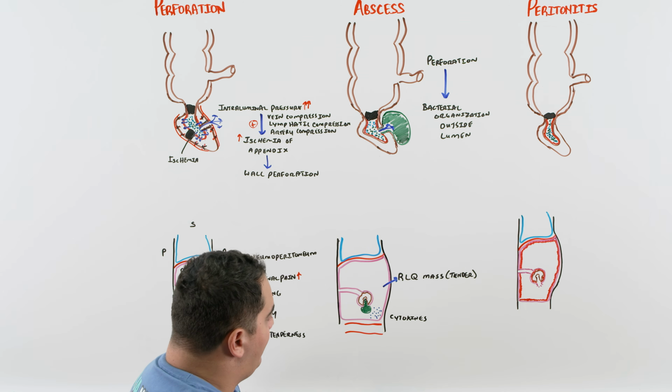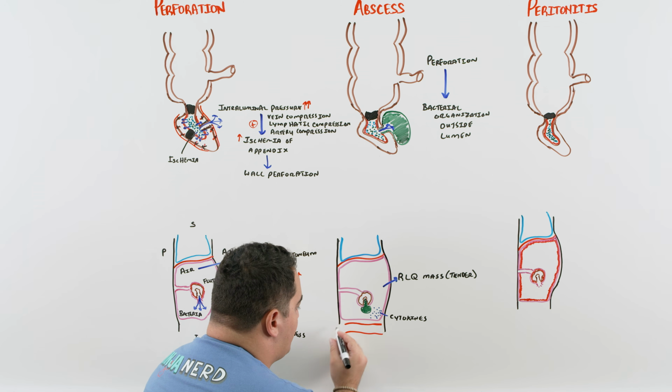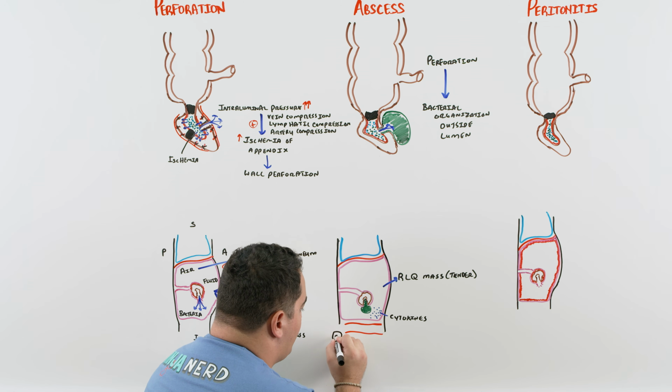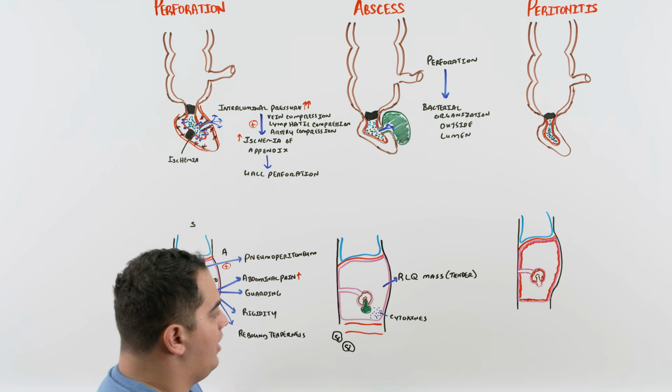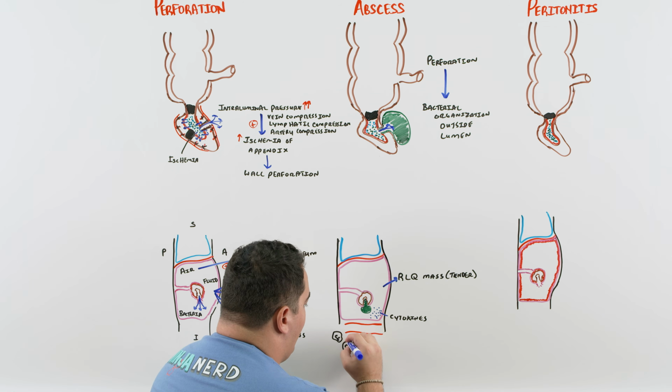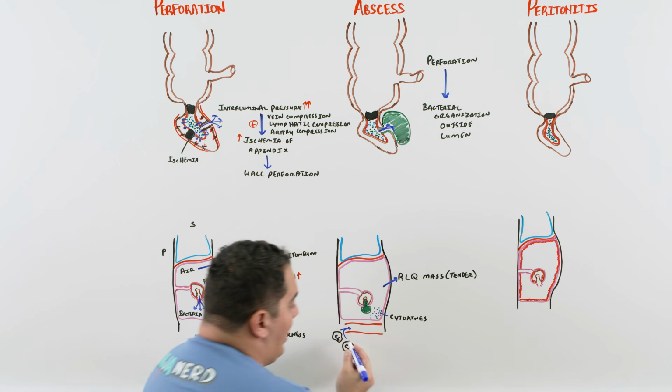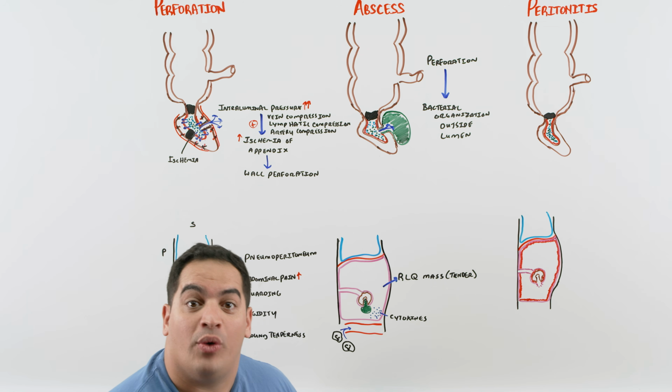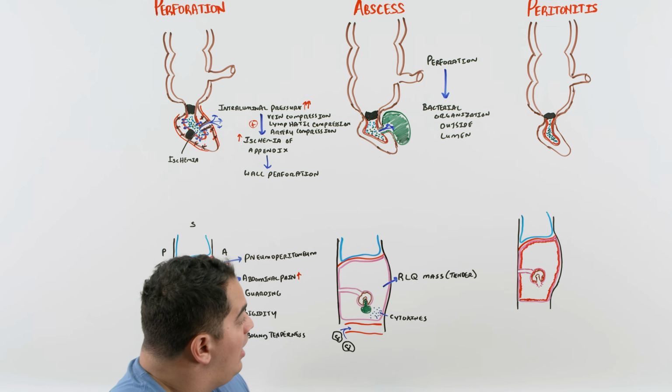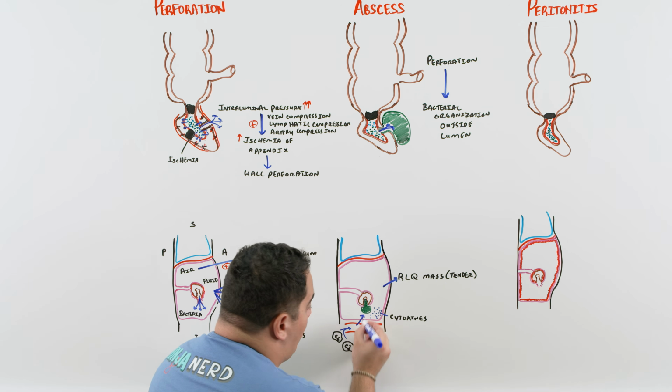And whenever they activate your immune system, white blood cells will start increasing in number to come to the area and fight off that particular infection. So you may have an increase in your white blood cell count because they're going to try to come to this area and fight off this infection.